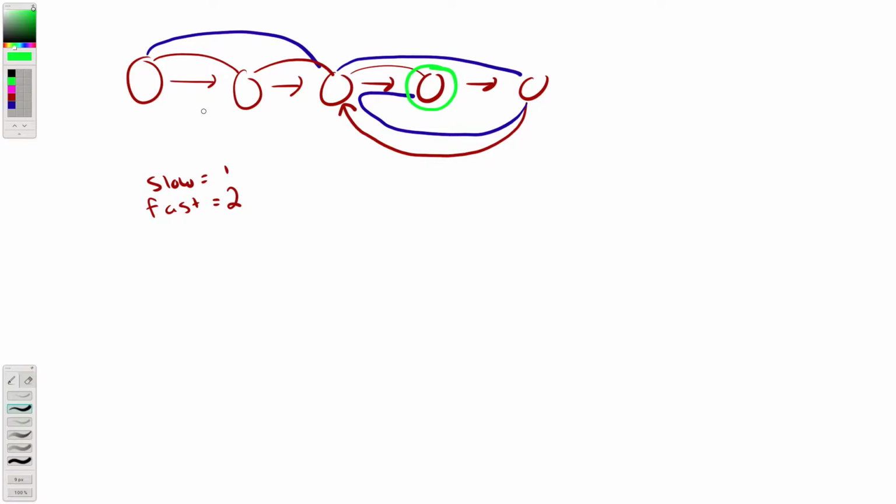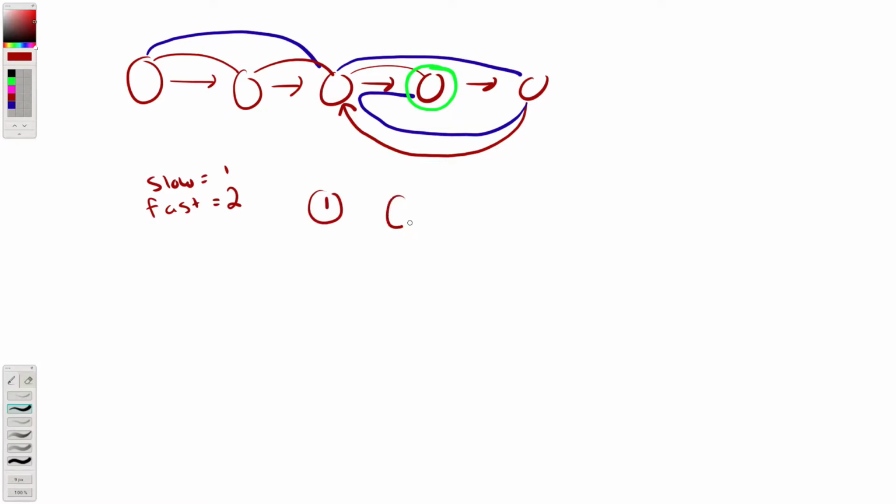Some intuition. When I first went through this, I thought, how is it really guaranteed that they'll intersect? I could see that it's possible because fast would go around the loop faster than the slow, but isn't it possible that the fast just always jumps over the slow? Well, let's build some intuition. Let's have some cases.